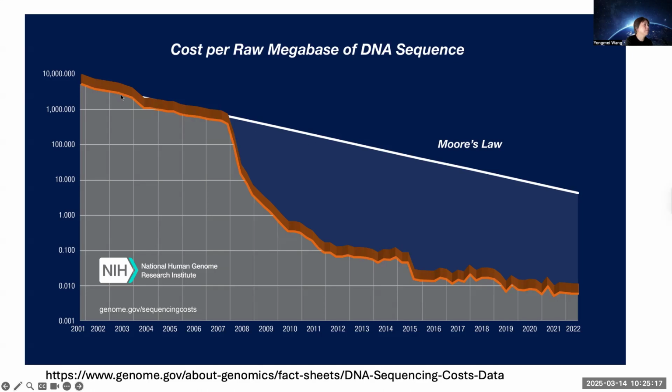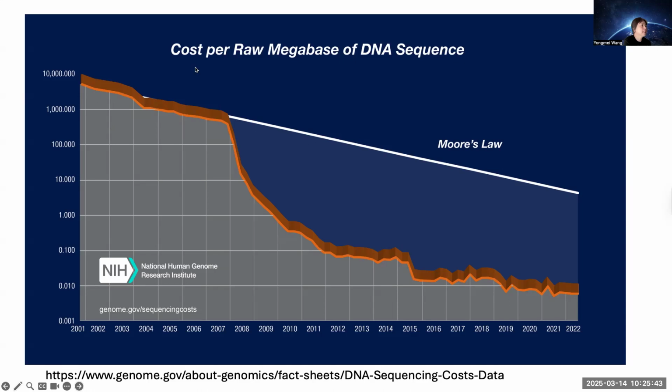And then in the early 2001 to 2007, it didn't come down a lot, but it came down. And then look at this dramatic change. So by 2022, right now it costs how much? 0.01. This is dollar. So it's like what? It is so cheap now.